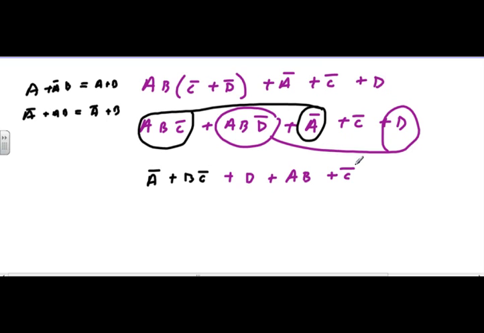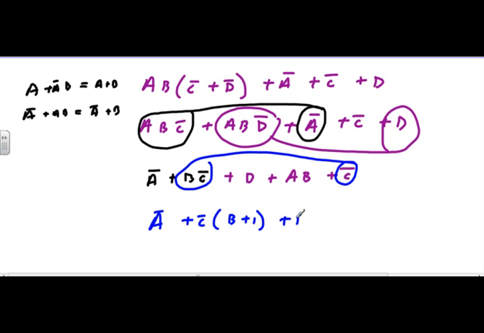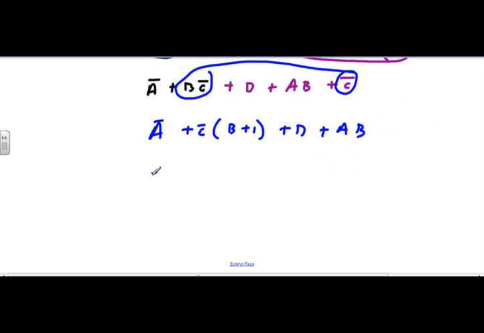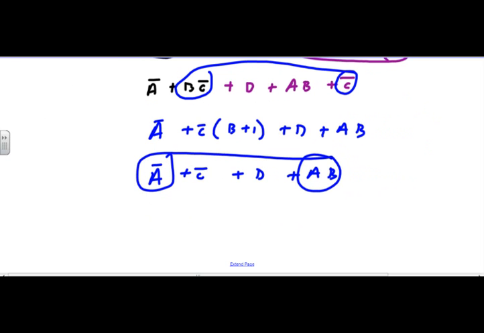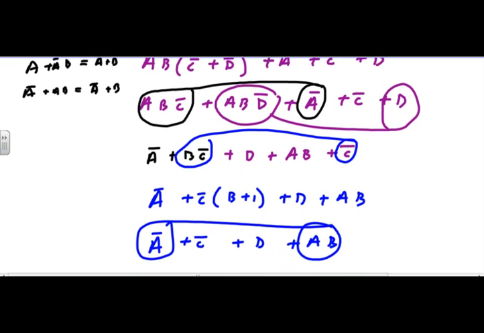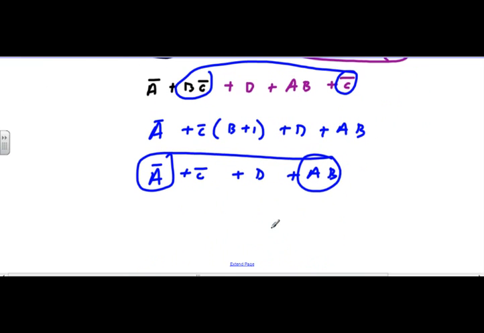Now I can look at him and get A' or C', B or 1, or D, or AB. I got A' or C' or D or AB. I look at him and apply the rule that I just covered up, and that's going to be A' or B. Okay, so this is A' or B or C' or D, and I'm done.